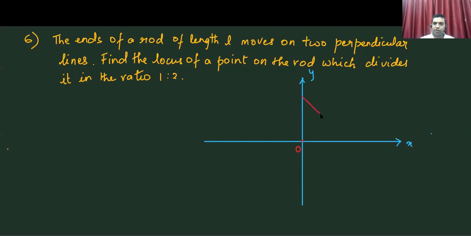The ends of the rod move on perpendicular lines. Let this be the point. Now it says 1:2. Let us take 1:2 always from the x-axis, unless otherwise stated.